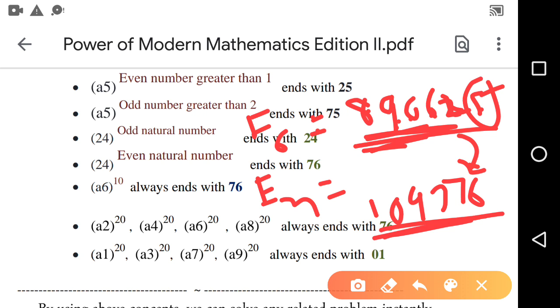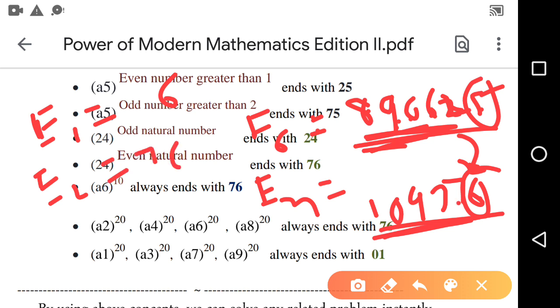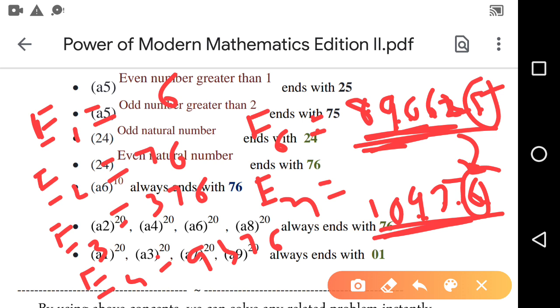Now the one-digit even neutral number is nothing but this 6. E2 is nothing but, consider the last two digits, 76, and E3, consider the last three digits, 376, and E4, consider the last four digits, and this is nothing but 9376, and E5 is nothing but 09376, and E6 is nothing but this.